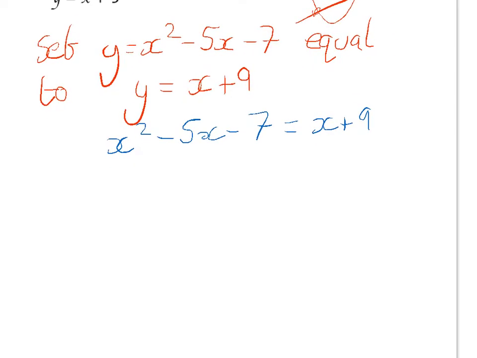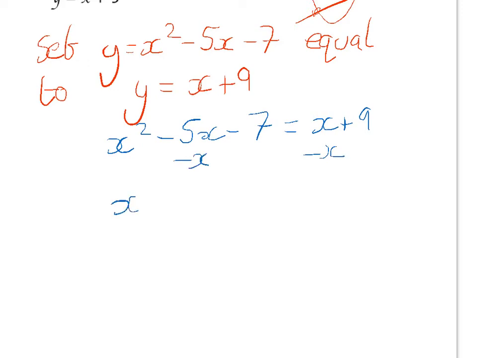Right. Now, so that we can solve this, we need to factorise. To do that, first of all, we need to get everything onto the same side. I always leave the x squared where it is. I'm going to move the x over to the left hand side by subtracting x from both sides.